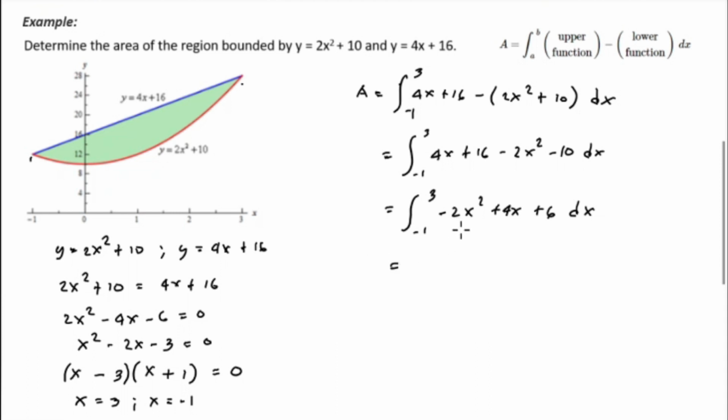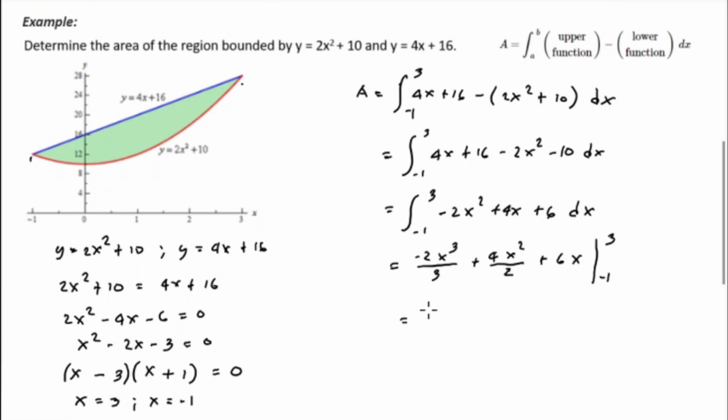So the integral of negative 2x squared is equivalent to negative 2 x cubed over 3, plus 4 x squared over 2, and plus 6x, with a limit from negative 1 to 3.